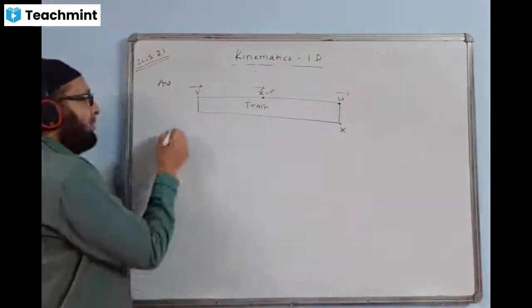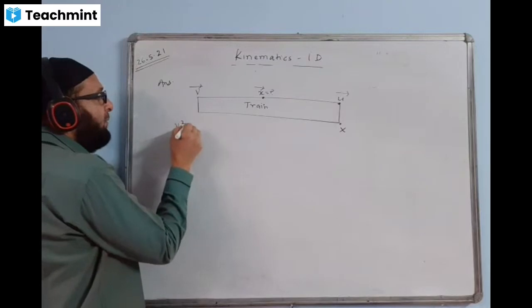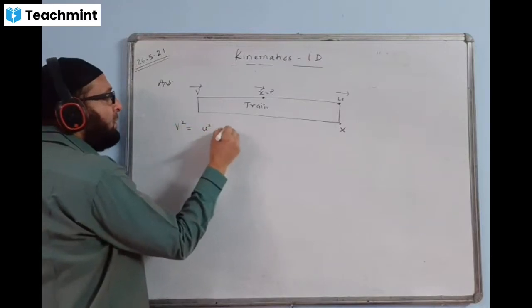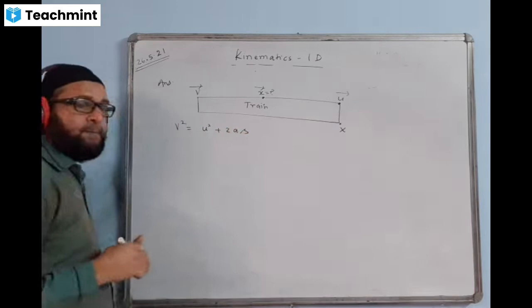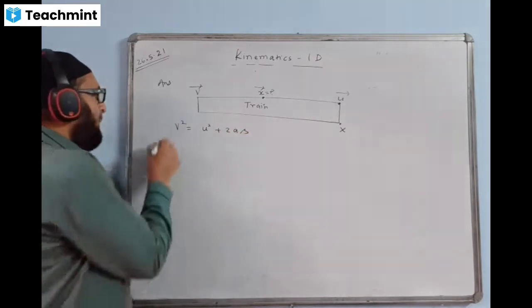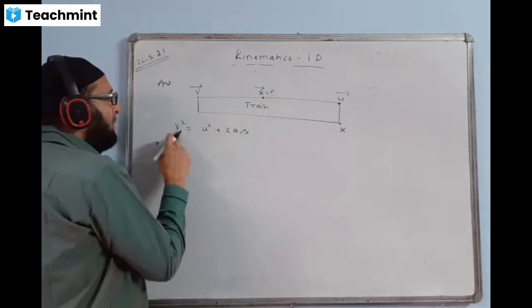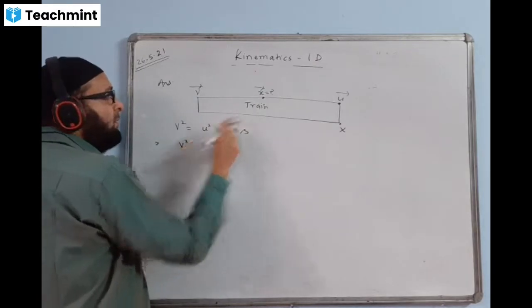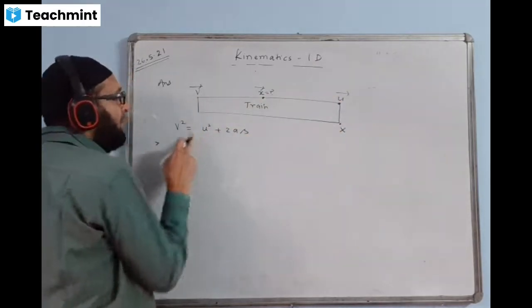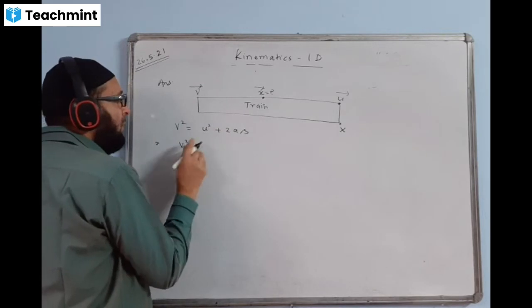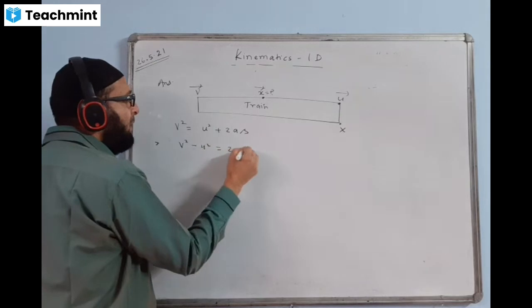You can write like this first. First formula is v square is equal to u square plus 2as. Initial velocity is u and final velocity is v. So v square minus u square is equal to 2as.